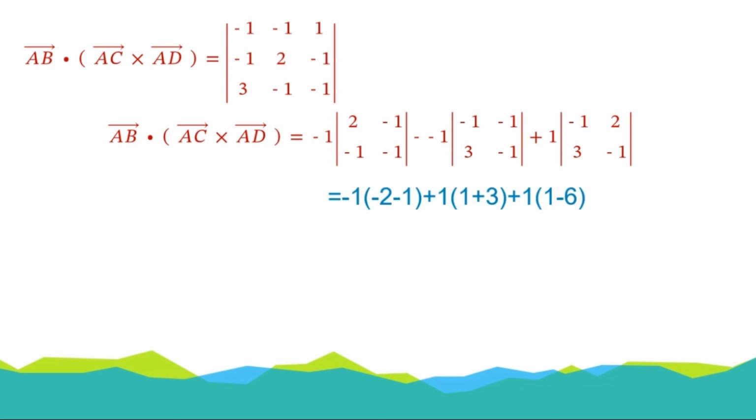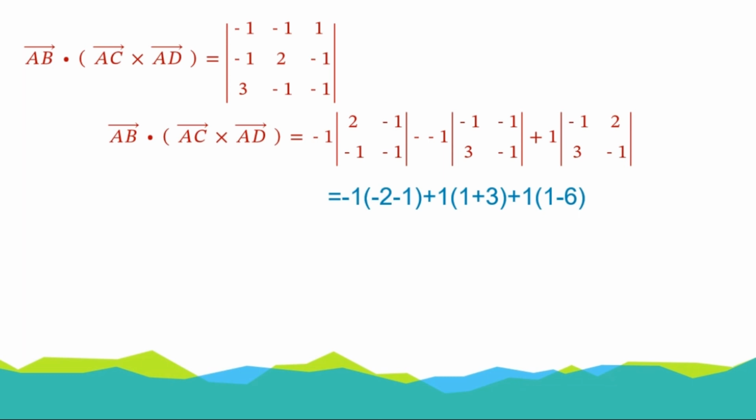For example, to get the matrix of the cofactors for this first component -1, we write -1 times the 2 by 2 matrix where the -1 is not a member. That's how we got it.